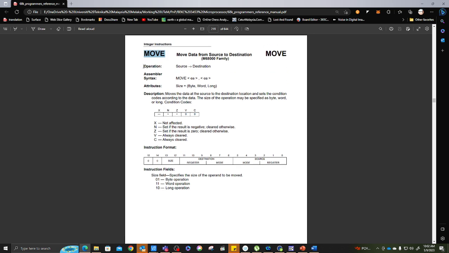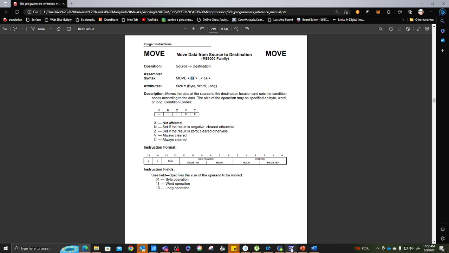The first one, the operation, is source to destination. You are going to move something to the destination. The assembly syntax is move effective address to another effective address.